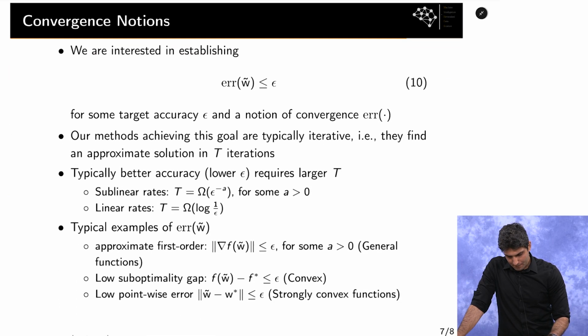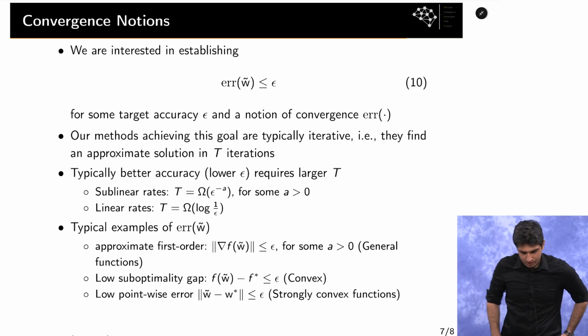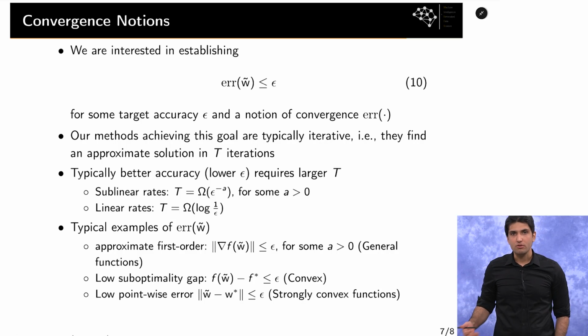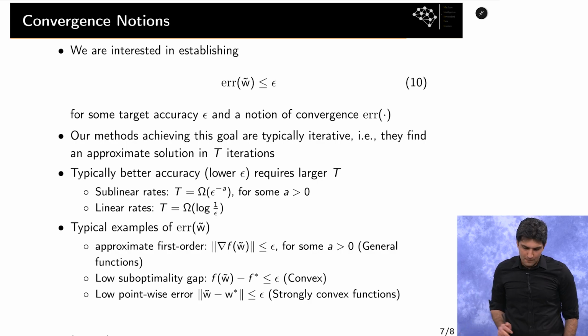Okay. The next thing I want to talk about is notions of convergence, right? So when I say an algorithm is good, what does that mean? Okay. So in many cases in this course, we are interested in establishing the following, that a certain error function or a convergence criterion is less than epsilon.